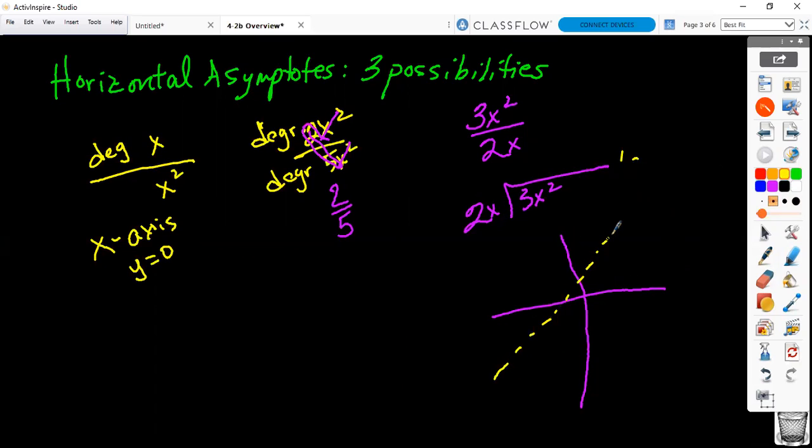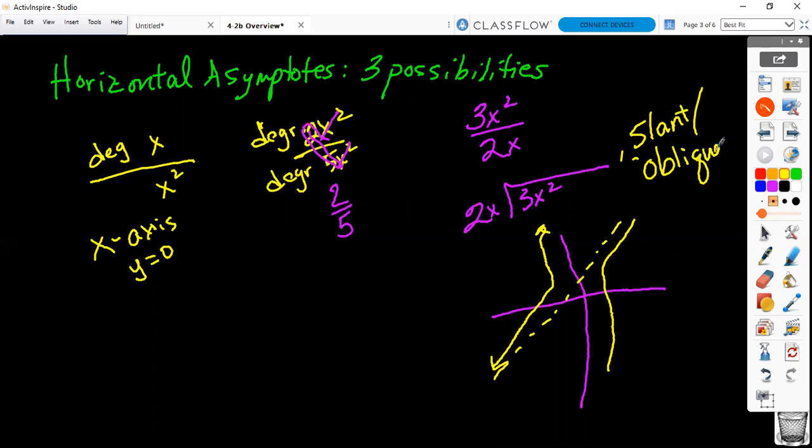So you might get a line that comes in here and then goes down the y-axis, or it comes along here and then goes up along the y-axis. So you get these kind of slanted. They'll either be called a slant asymptote or sometimes they're called oblique. It just depends. I think this book uses the word oblique, but I've seen it called both of those in different places.